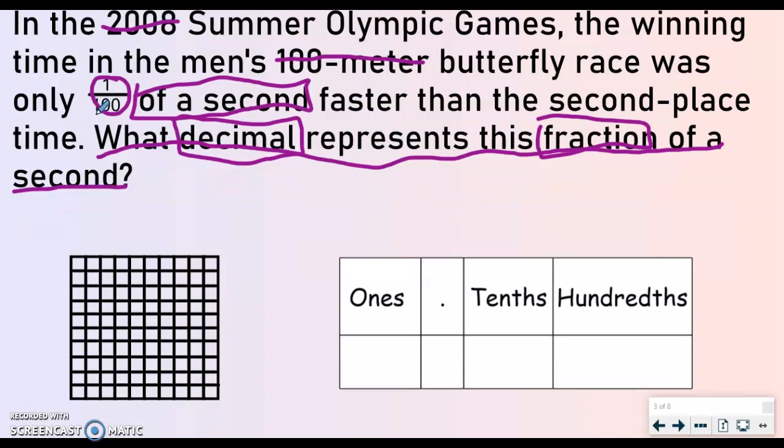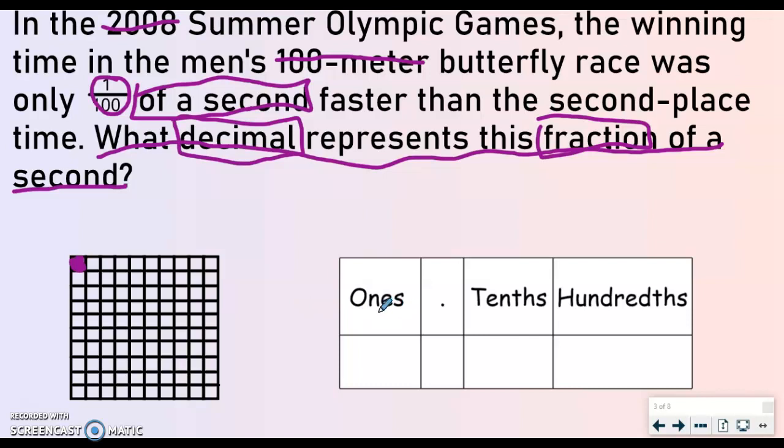All right, so let's get to work. We have 1/100th here in a fraction, and here I have my hundreds grid. It's split into 100 squares, and this fraction is telling me I just need to fill in one. So I'm just going to fill in one of these tiny little squares, and now I have 1 out of 100, so 1/100th.